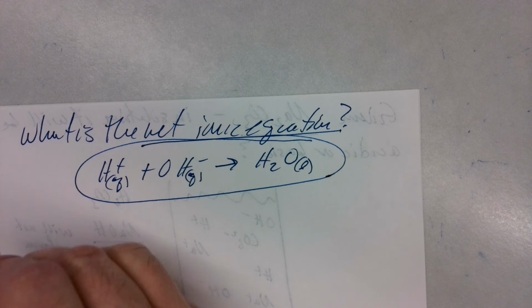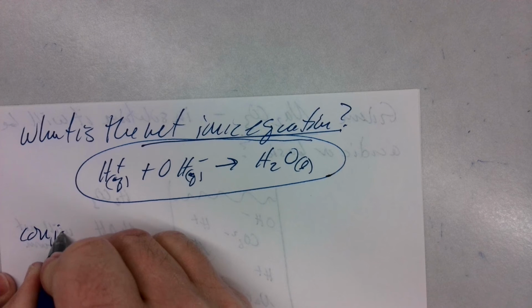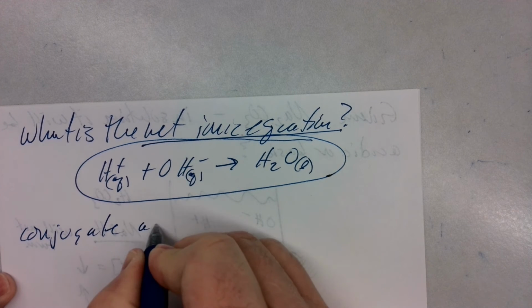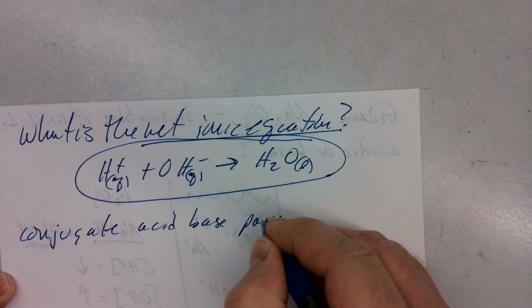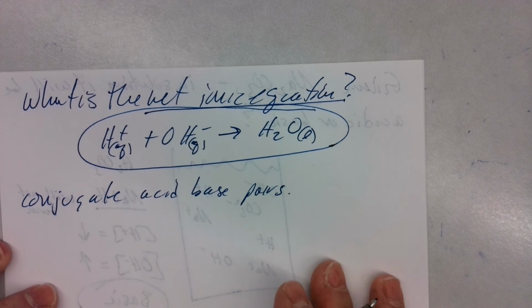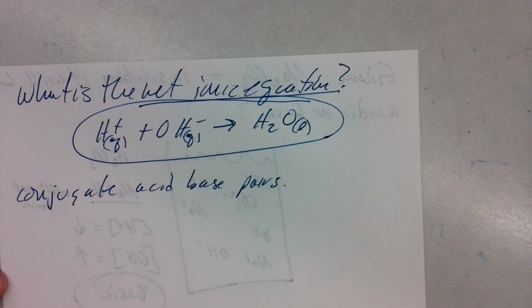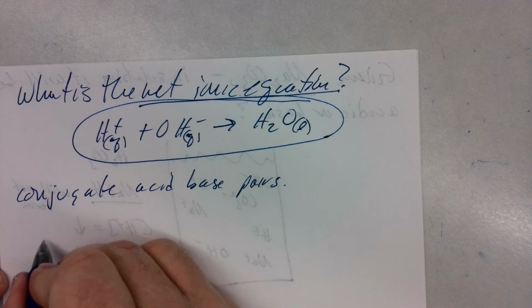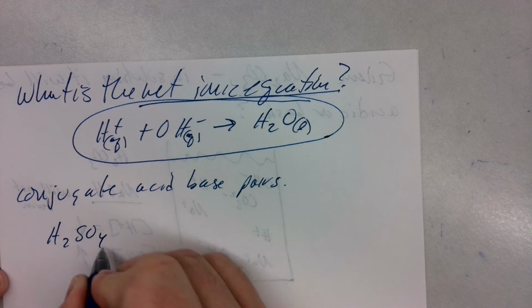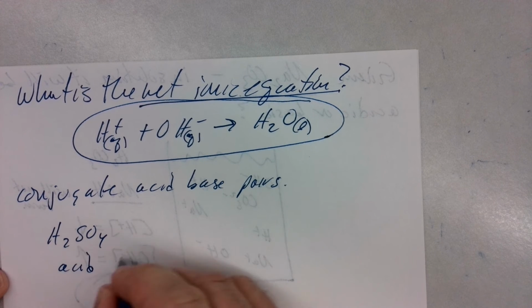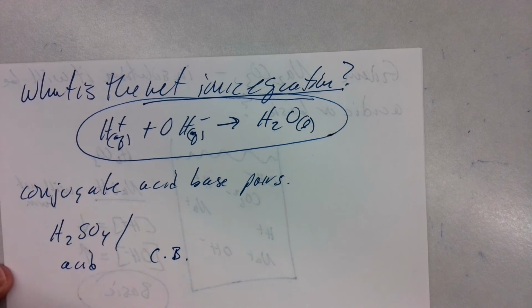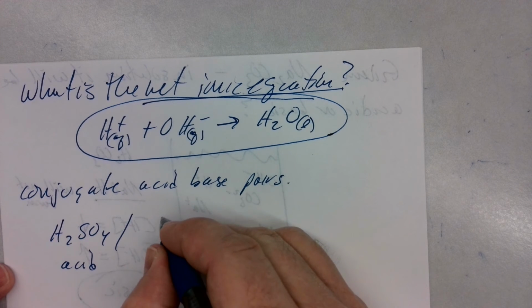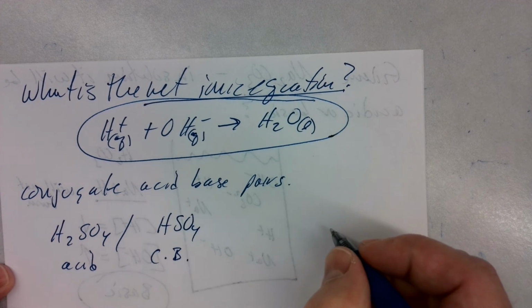What about some conjugate acid-base pairs? We did one, but that was just so I could show you there was another thing that was amphoteric. So if I gave you H2SO4, this is my acid, and I want its conjugate base, what are you going to tell me it is? HSO4 negative.